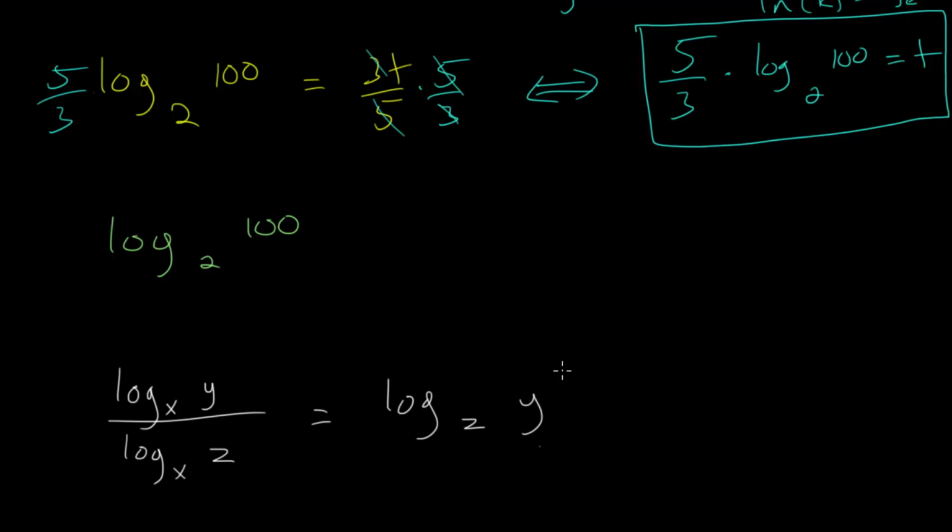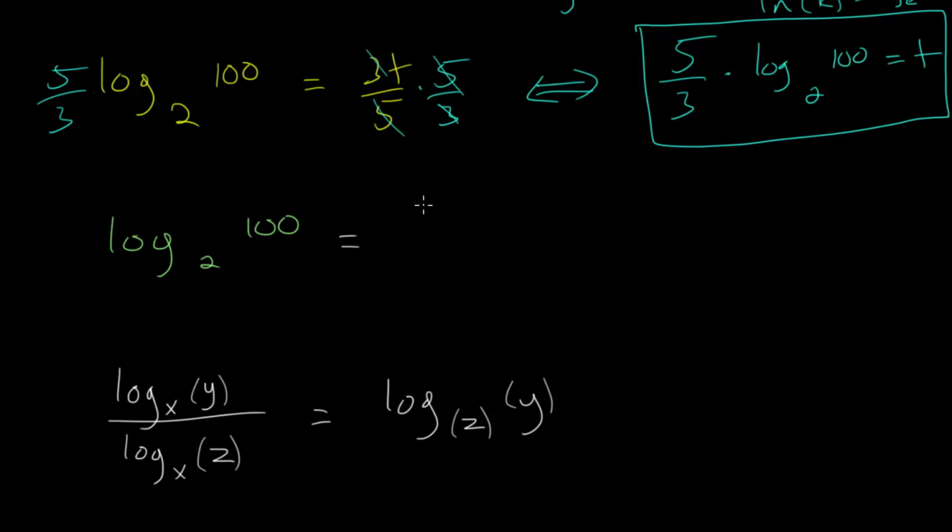If we have some logarithm and we want to rewrite it with some new base, where that base is x or whatever we want, then it becomes a ratio of two logarithms, where the base will now be whatever we want, and the input in the numerator was the original input, and our input to the logarithm in this denominator was the original base. So this log base 2 of 100, let's just use the common log.